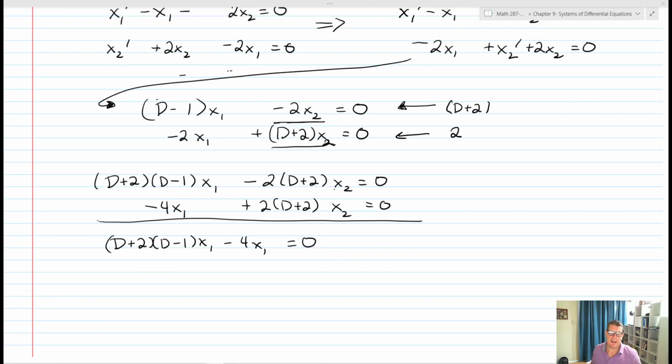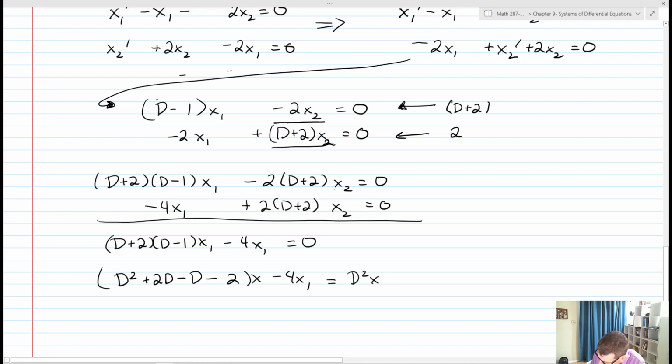Now what we have is basically a second order differential equation that we can go in and solve. So let's actually simplify. We're going to get D squared x1 plus D x1 minus 6 x1 equals 0.